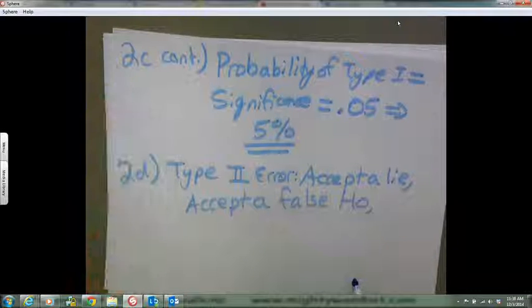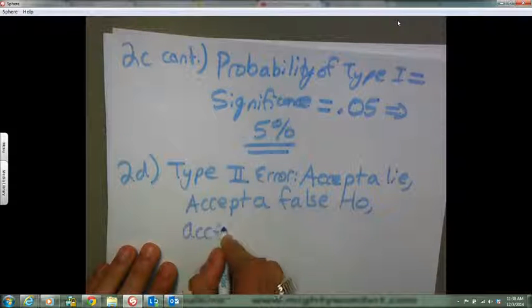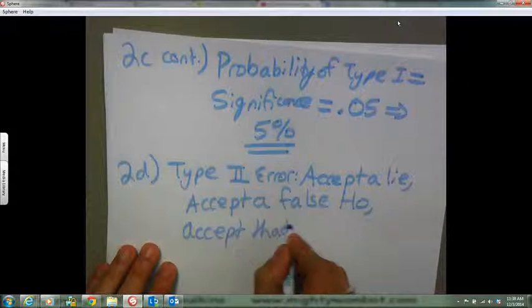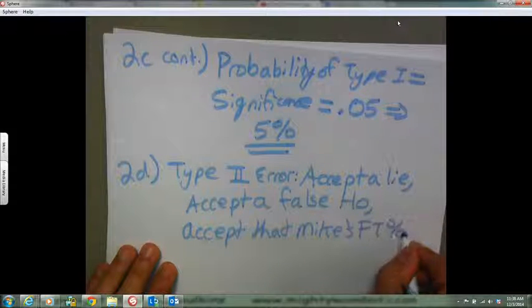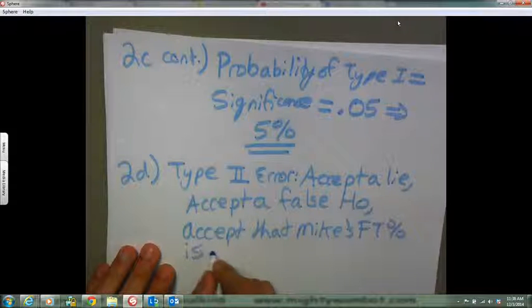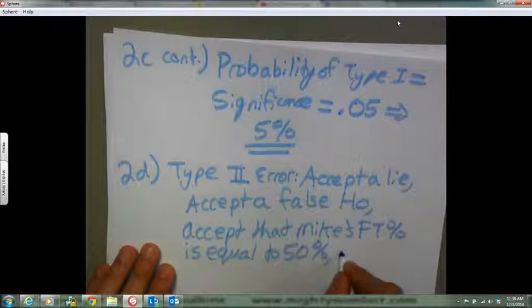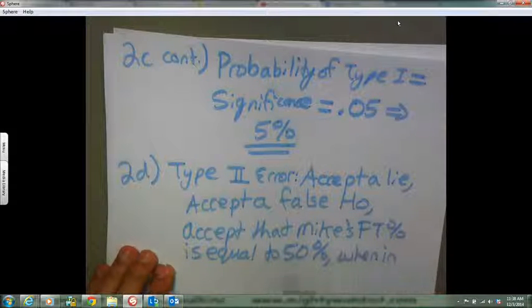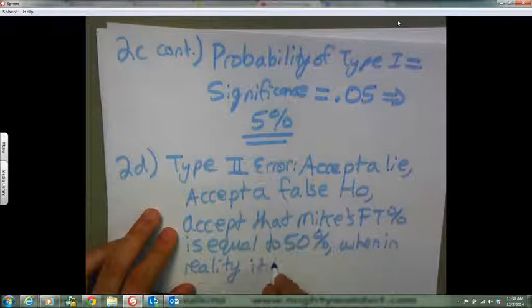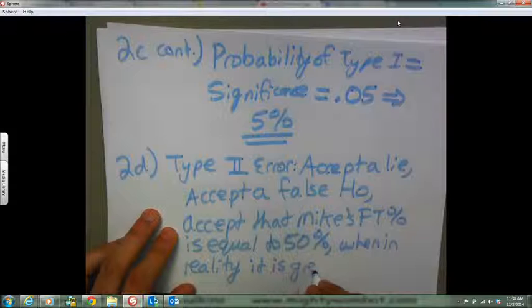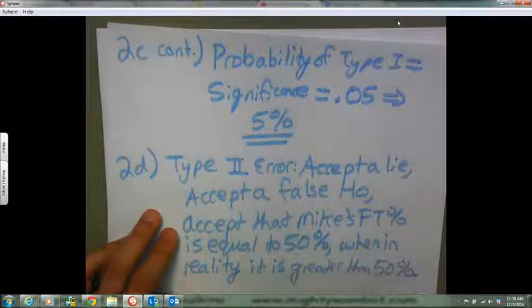In our problem, it means we accept that Mike's free throw percentage is equal to 50%, when in reality it is greater than 50%.